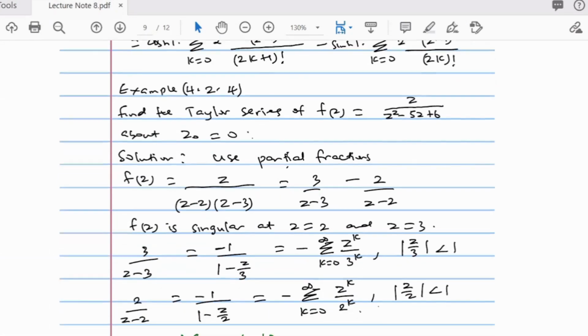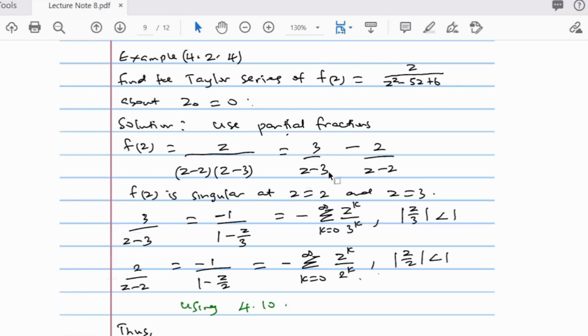Okay, so take the first one, which is 3 over z minus 3, which you can write as this. What we do here is divide each term by minus 3. If you divide each term by minus 3, you're going to get this.